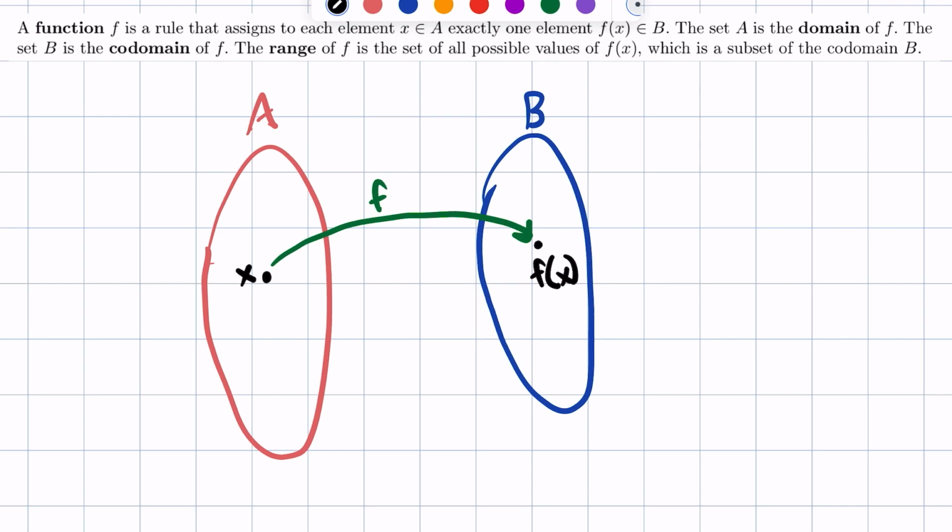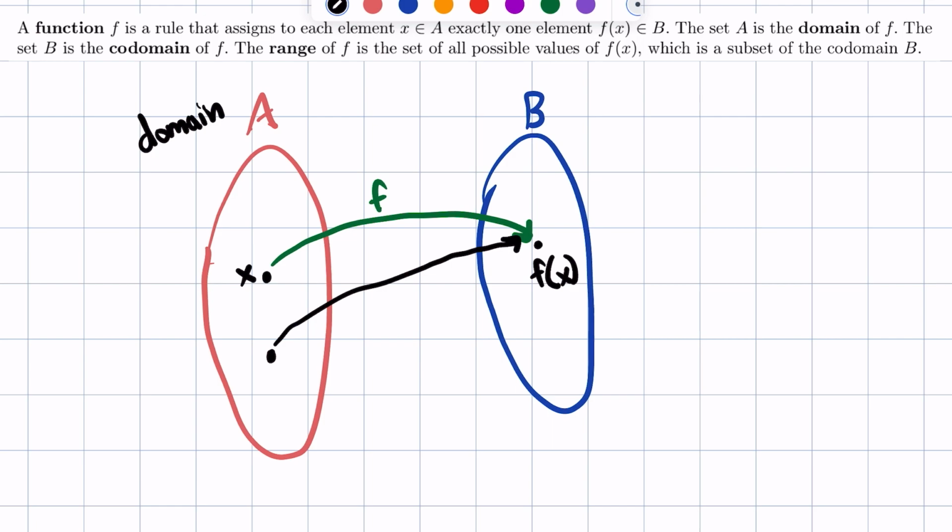It is not necessarily true that every point in B will have some point mapped to it because multiple different values could map to the same point, and also B could be bigger than A, all right? So we call A the domain of the function.